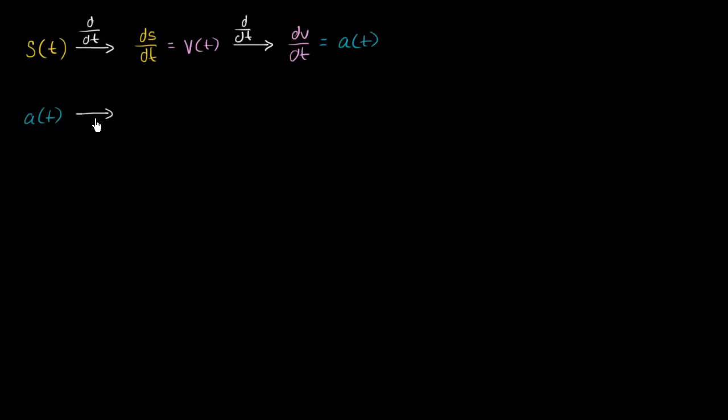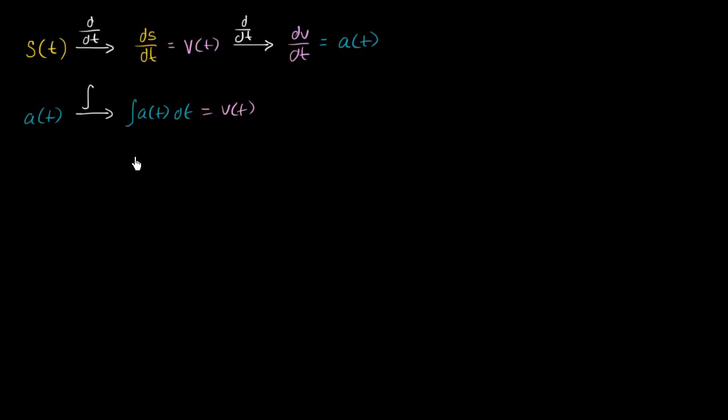An antiderivative, I'll just use the integral symbol to show that I'm taking the antiderivative, is going to be the integral of a of t. And this is going to give you some expression with a plus c. And we could say, well, that's a general form of our velocity function. This is going to be equal to our velocity function. And to find the particular velocity function, we would have to know what the velocity is at a particular time, and then we could solve for our c.